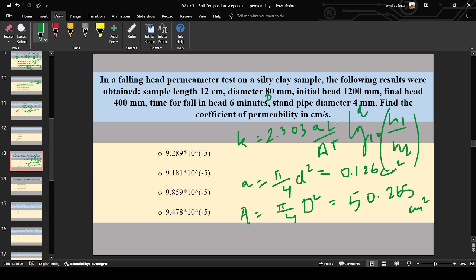What is L? L is the length, soil sample length. What is T? T is 6 minutes.